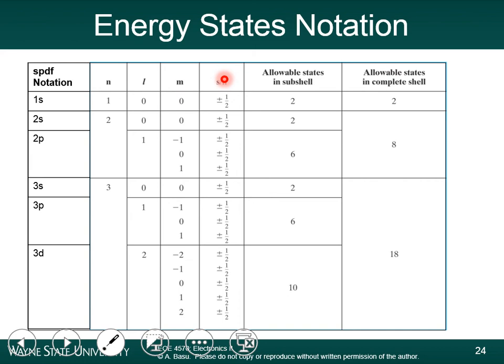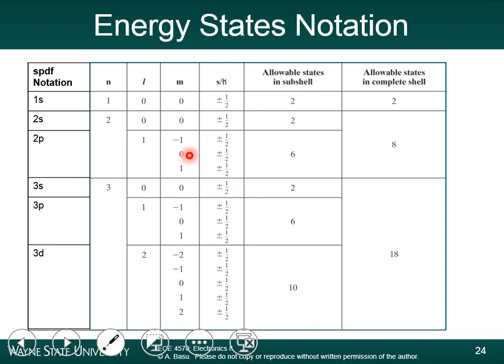The 2s orbital down here has quantum numbers n equals 2, l equals 0, m equals 0. So again, they can hold 2 electrons in a subshell. The 2p orbital has n equals 2, but then it has l equals 1. With l equals 1, the possible values for m are -1, 0, and 1. So the 2p orbital consists of actually 3 different orbitals.